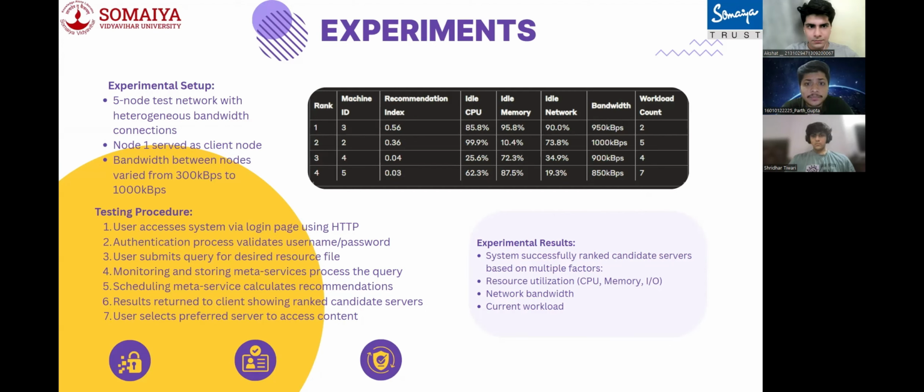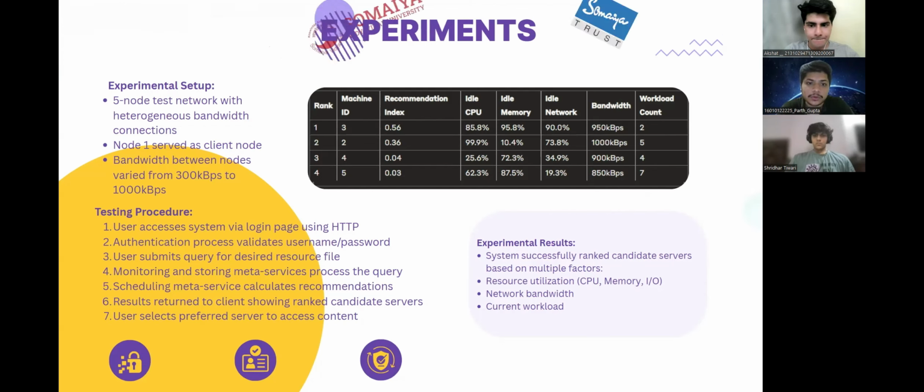The scheduling component calculates recommendations and finally ranked candidate servers are presented to the user, who can then select their preferred server to access content. The experimental results confirm that our system successfully ranked candidate servers based on multiple factors, including resource utilization, network bandwidth, and current workload.